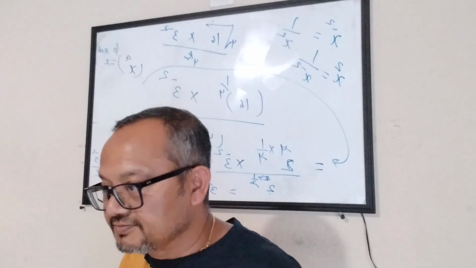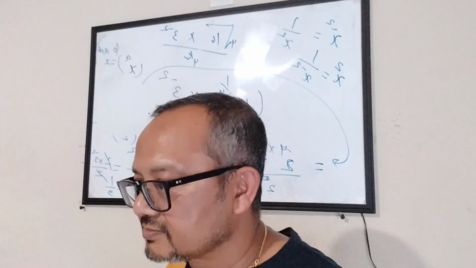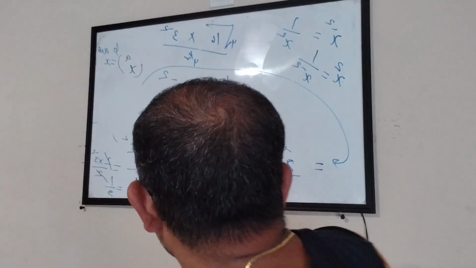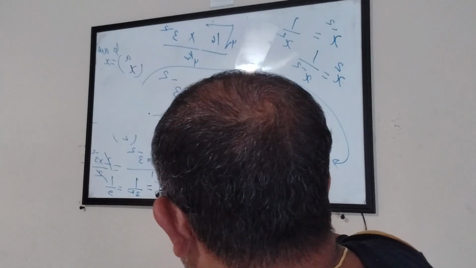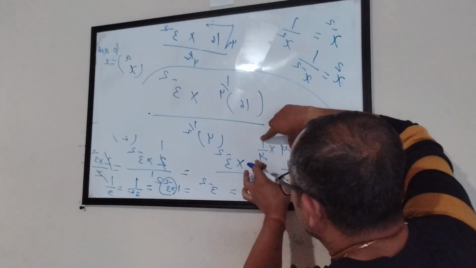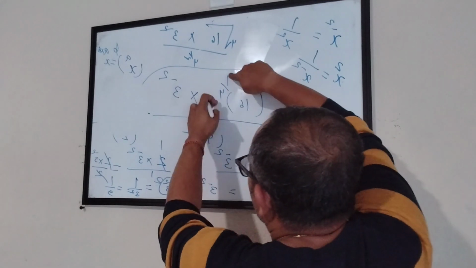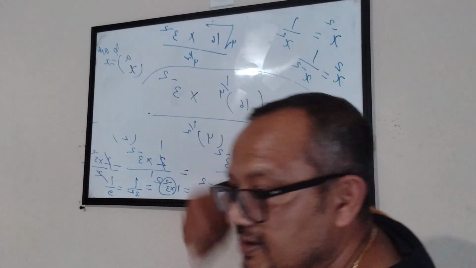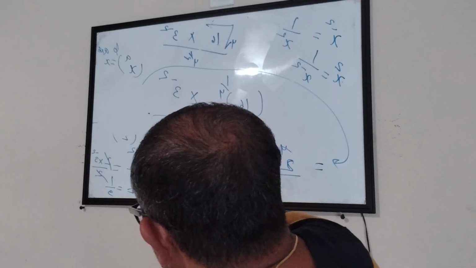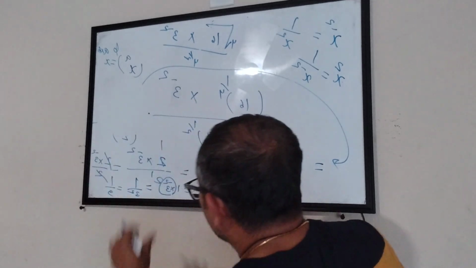Yeah, Dikshita. Why did you cross out 2 on the bottom? These two? See, look at this. Other side. Yeah, so here 16 was 2 to the power 4. I did not do that here.